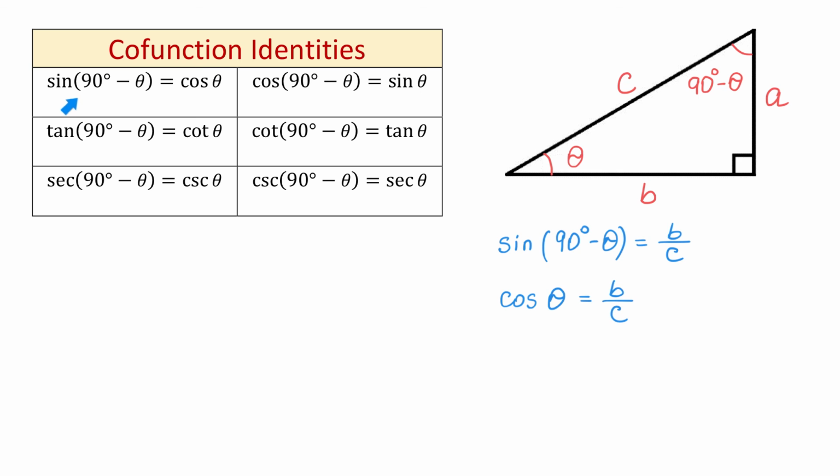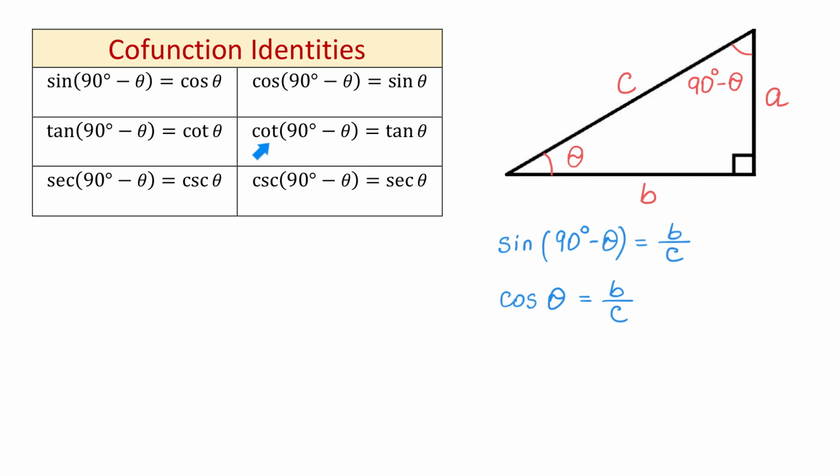Then we call these two trigonometric functions cofunctions. To the right, we have another identity, and that is cosine of 90 degrees minus theta equals sine of theta. Then below, we have tangent of 90 degrees minus theta equals cotangent of theta, and cotangent of 90 degrees minus theta equals tangent of theta.